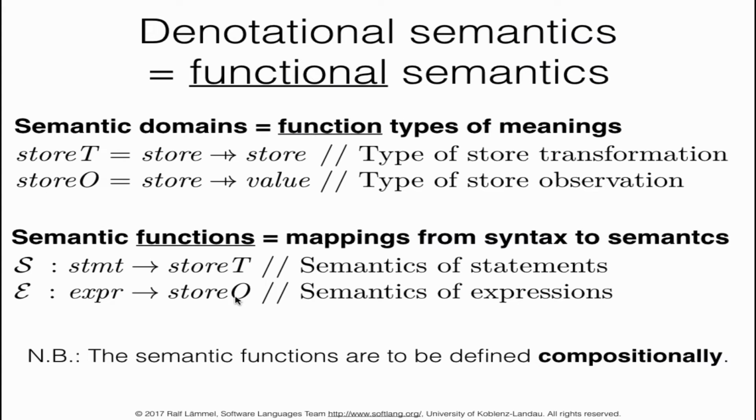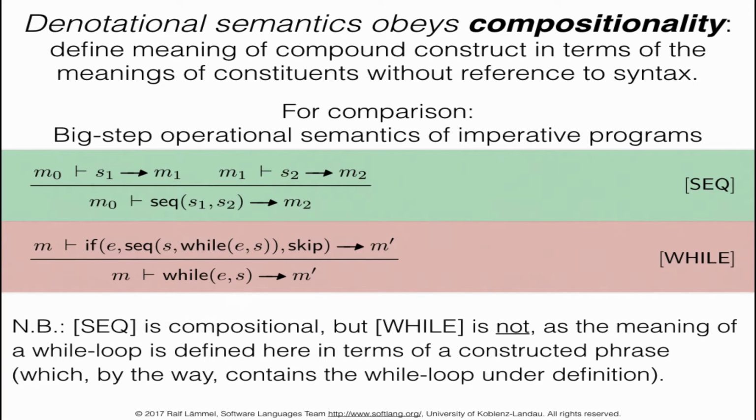Now a key point with defining semantic functions in denotational style is that they should be defined compositionally. So let's see what this means. We compare this with operational semantics.